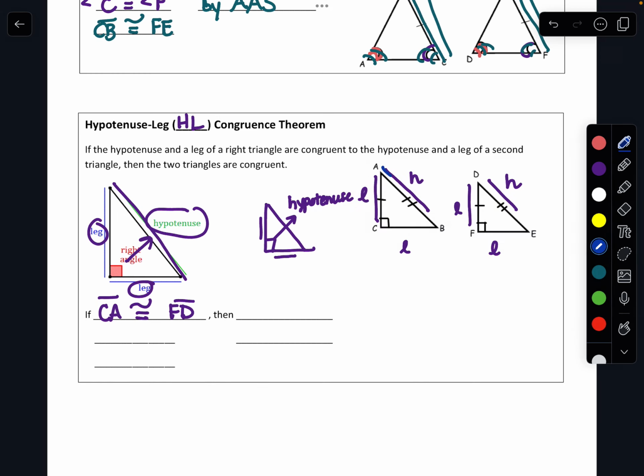And also it's saying AB is congruent with DE. If you have those 2 things given to you, then you can say the 2 triangles are congruent by the hypotenuse leg theorem.